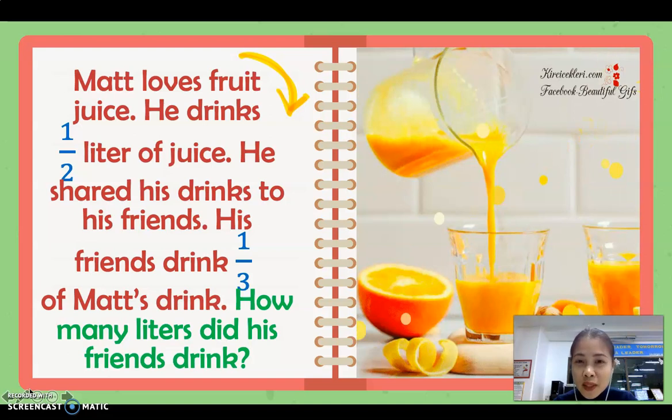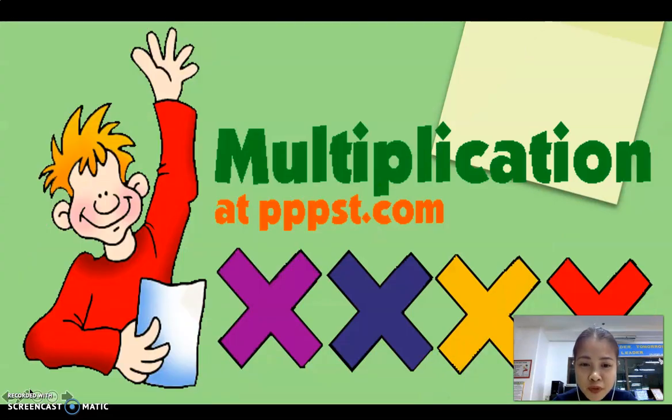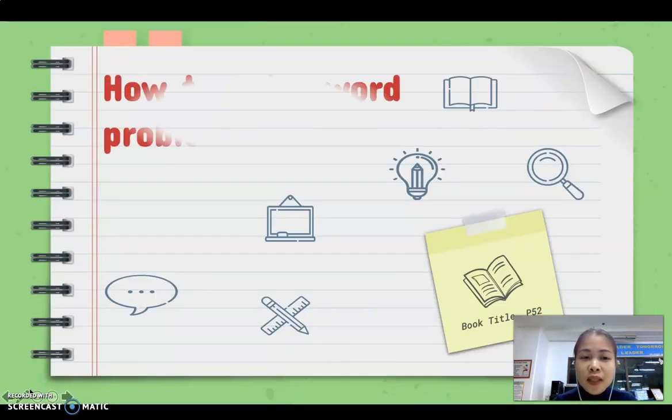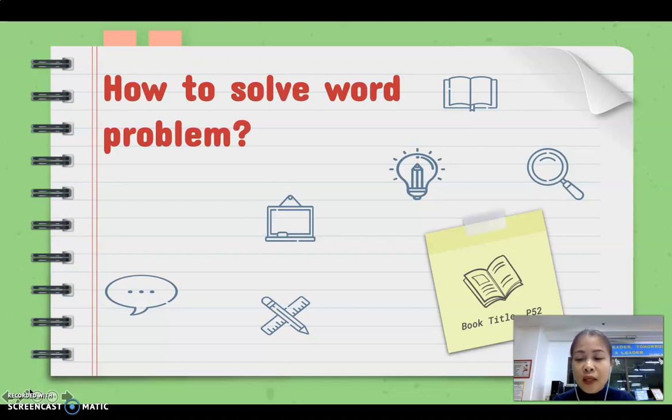So this is an application of multiplication of fractions. And let's analyze how we came up with multiplication. So we are already in solving word problems. Before solving word problems, let us know how to solve word problems.